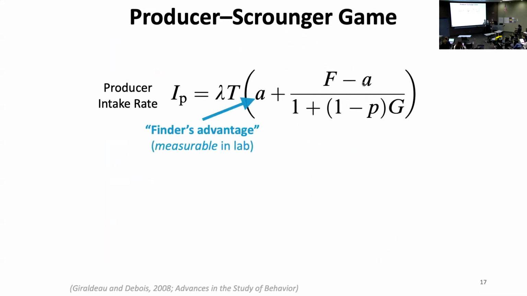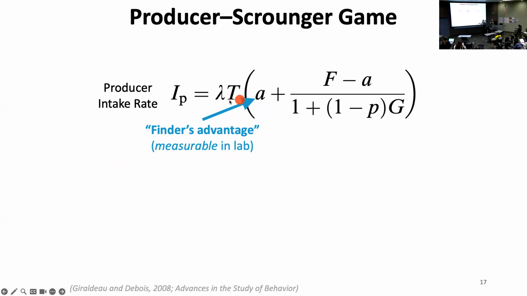So not a lot of math here, but we have to model this in some way. And so what they do is they say, let's figure out how many producers and scroungers we might expect to find in our little habitat. So they built this little model, and the details here, again, are not super important, but the idea is that there are the producers.